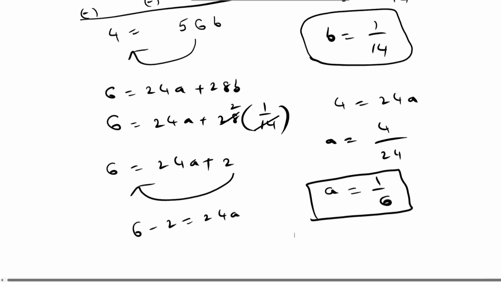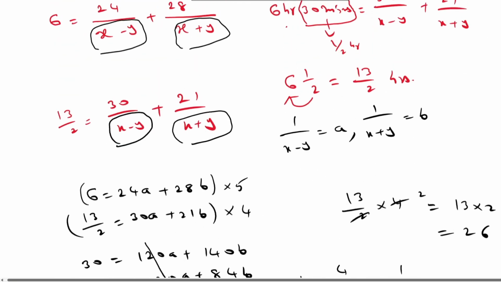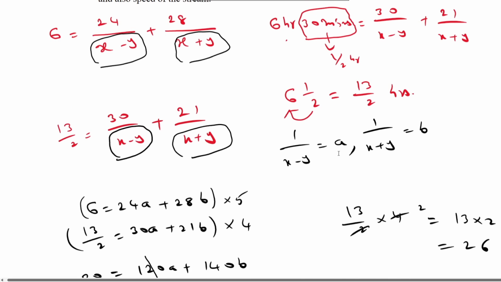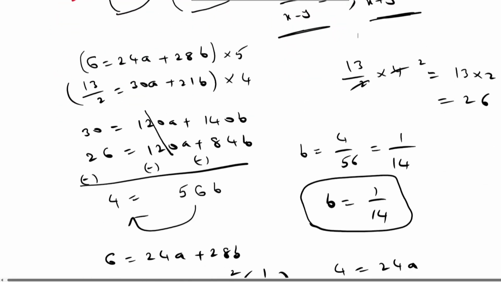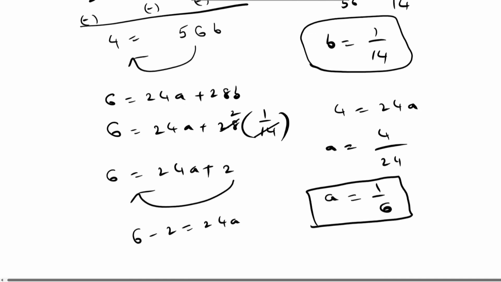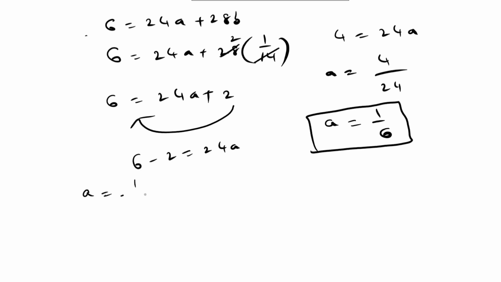In the beginning of the question, we took a and b as something else, right? So let us check what they are. a we took as 1 by x minus y and b we took as 1 by x plus y.